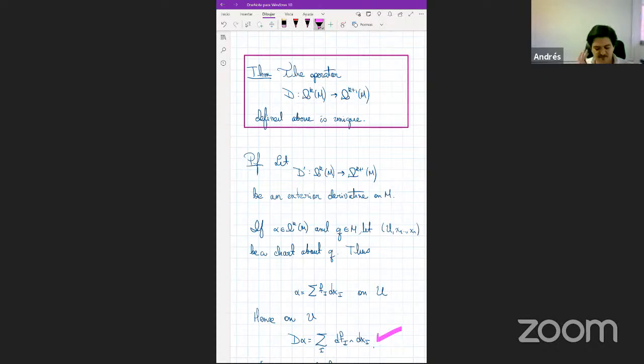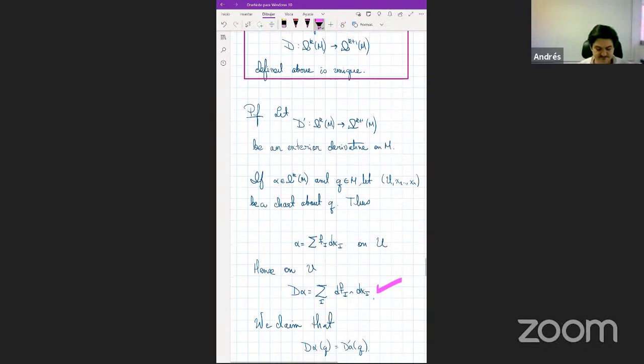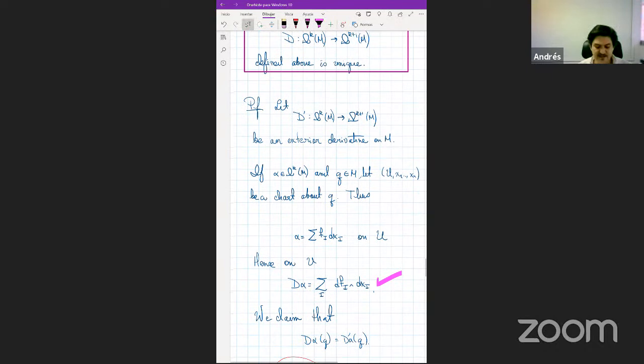Because locally, we can give a formula for the D. Now, the whole idea is to prove uniqueness. That is, we will prove this, right?